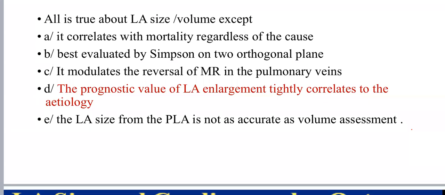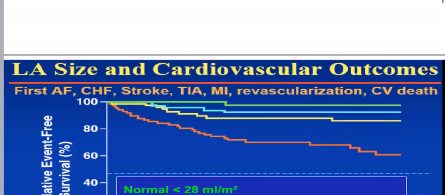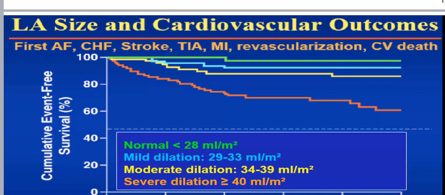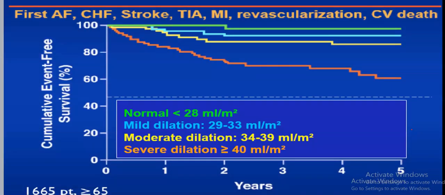Just the mere enlargement of the LA is prognostic, regardless of the underlying etiology. It has been shown that LA size and cardiovascular outcome, regardless of the etiology, is very prognostic in terms of first AF, heart failure, stroke, TIA, and according to the size, you have lesser survival rate. So the LA size is very prognostic in terms of survival, regardless of the etiology.